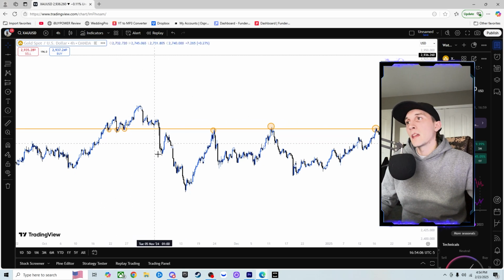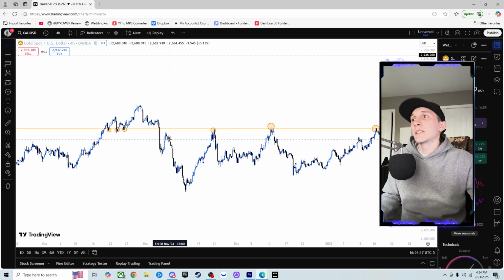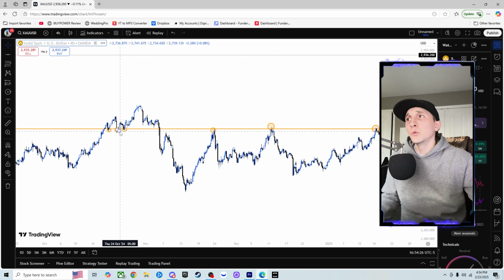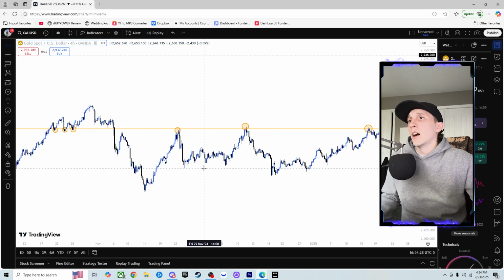Once we came back down under it and tried to retest it, we didn't quite get to that exact spot. But you can use the same concept to see those supply zones, where we had demand, obviously support, down here.